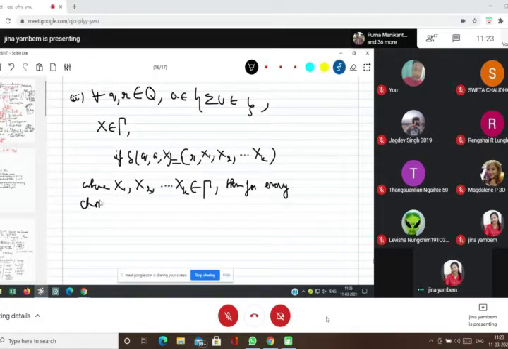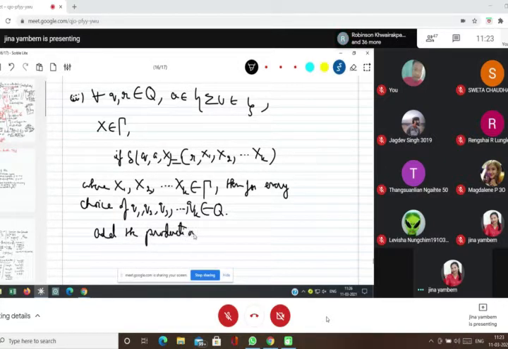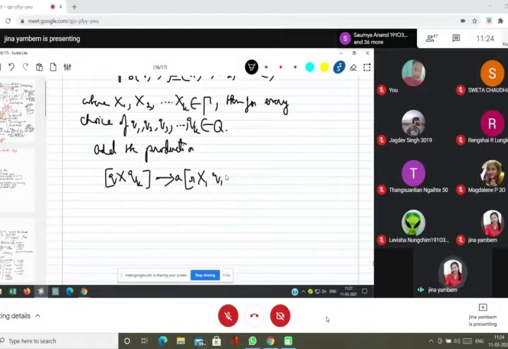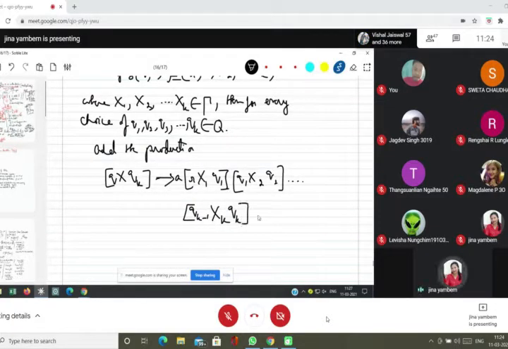for every q2, the production [q X qk] goes to a [r X1 q1] [q1 X2 q2] ... [qk-1 Xk qk] in P. Okay, you might be thinking that it's so confusing.